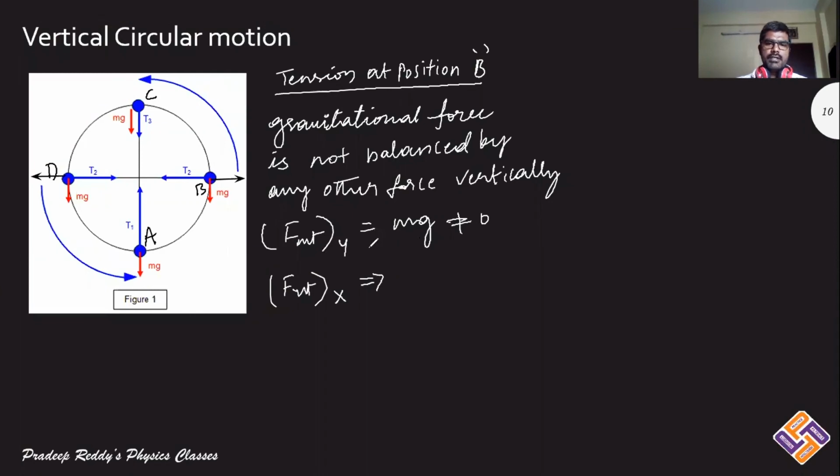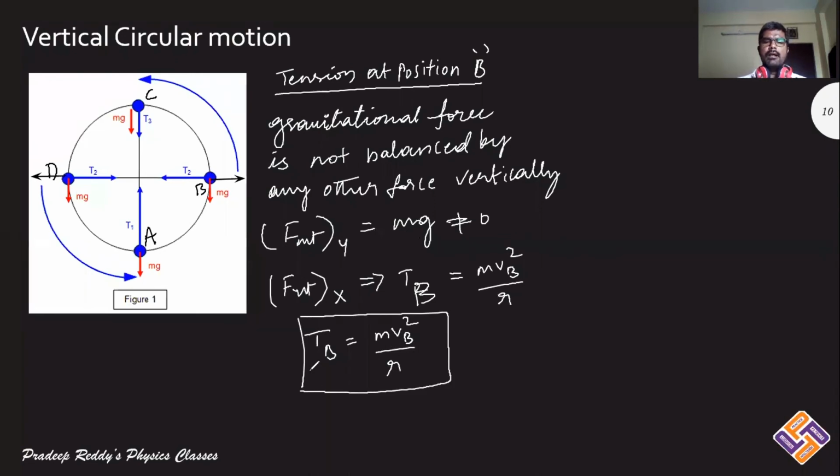That will be tension T2, which I can just write as TB, inside, and the outward force is centrifugal force, which is m vb square divided by r. So tension at B is equal to m into velocity at B whole square divided by r. Right? So that is tension at B.